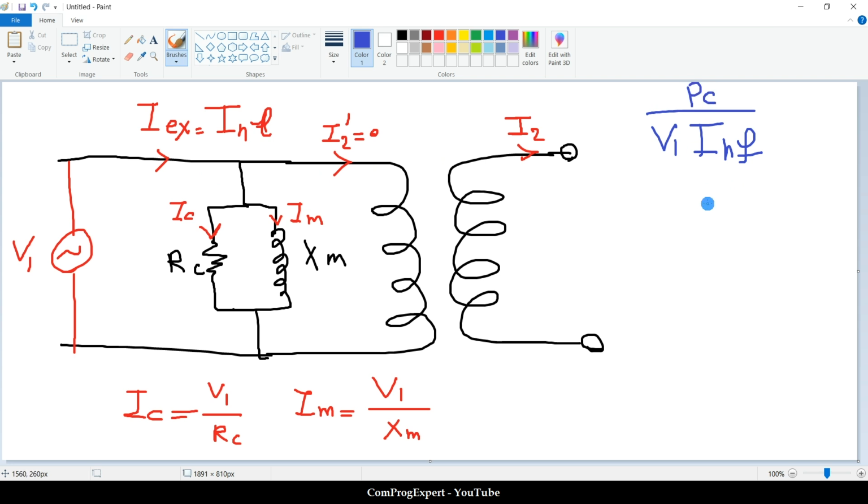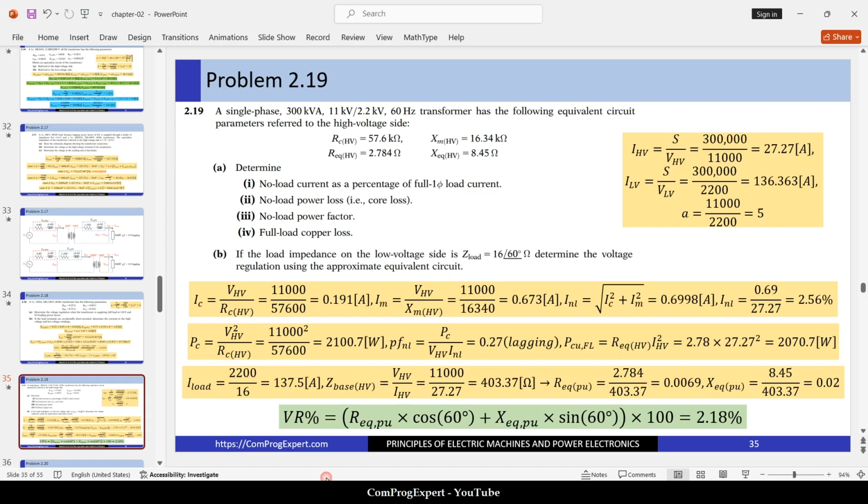So you know that the power factor here is the core loss, the active power, divided by the apparent power. We have this reactive power, and this is S no load. Let's call it this multiplication. So the value of the power factor for the no load case is the power loss divided by this product of amplitudes or RMS values.